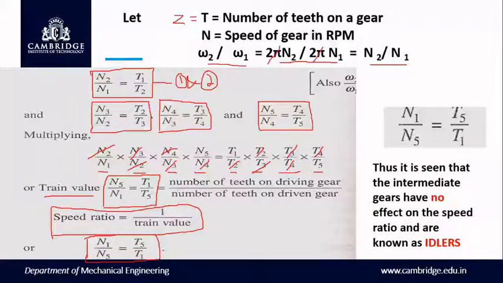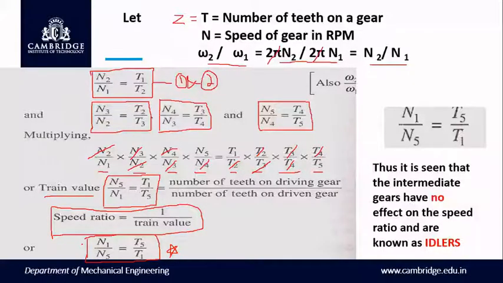By observing this equation, we understand that to calculate the speed ratio, the intermediate gears have no effect on the speed ratio. If you know only the speed of the driving gear and the speed of the driven gear, that's enough to calculate the speed ratio.